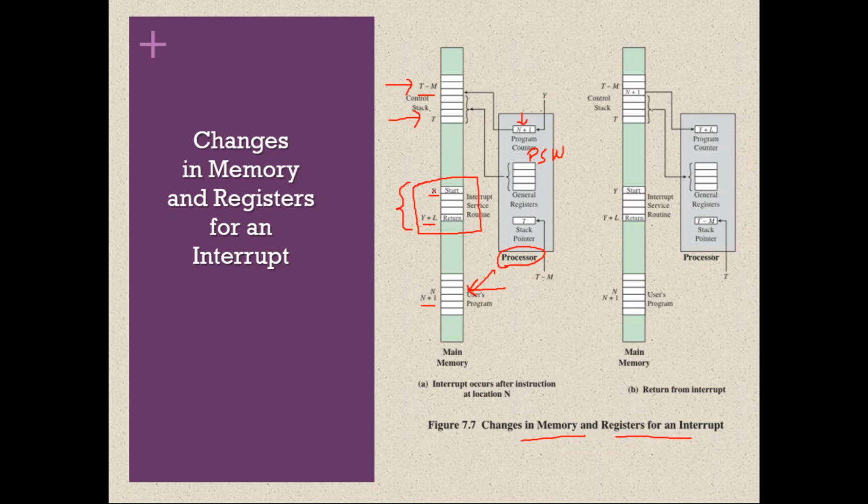So the address y should go into the program counter. Are you getting it? So now this interrupt service routine will execute, and the interrupt will be served.